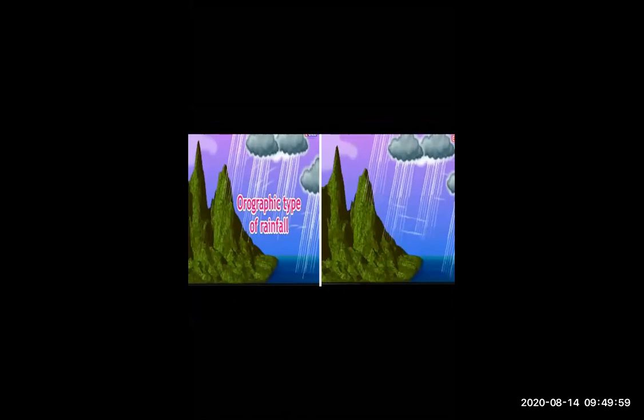Just look at this. What is the orographic type of rainfall? Orographic type of rainfall means, this is the mountain ranges.